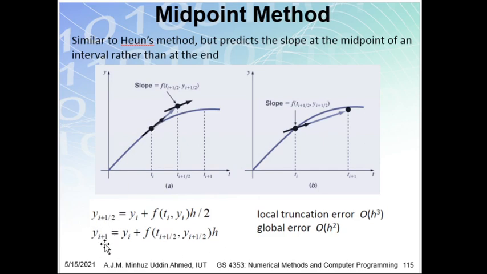The Euler method will be similar. The only difference is that the midpoint slope will be used instead of the slope at the initial point. That is the difference in the midpoint method. So very easy, I think you can understand.